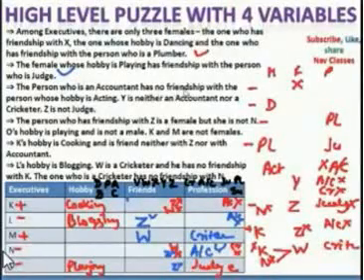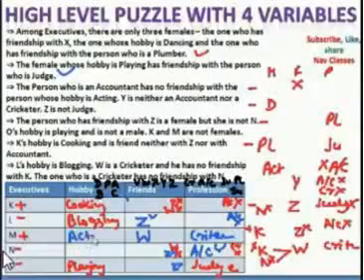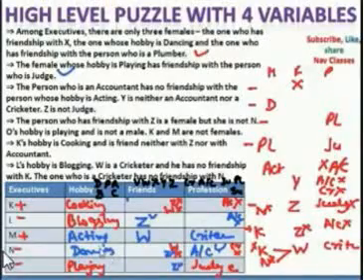The person who is an accountant has no friendship with the person whose hobby is acting. So by now we know that with accounts acting cannot come, so acting can come only where? Here with M. So we got this, and after that we know that only dancing is remaining, so we can write down dancing here.